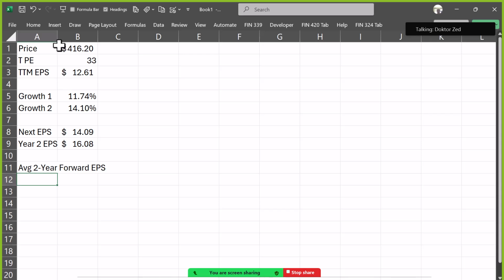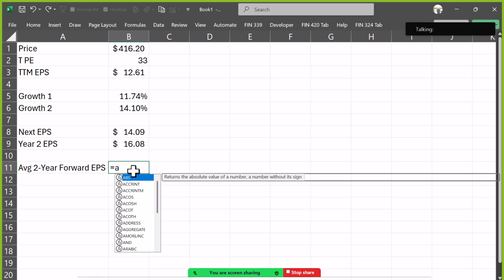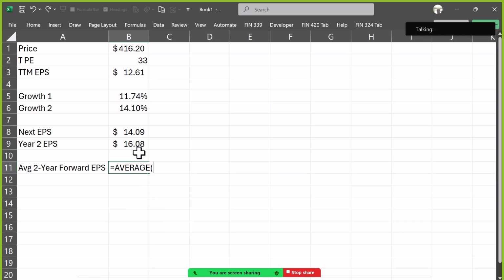So we're basically guesstimating a 2-year EPS, the average of these two numbers. Hence, I call this 2-year FPE, forward price earnings: price divided by the average earnings expected over the next 2 years.